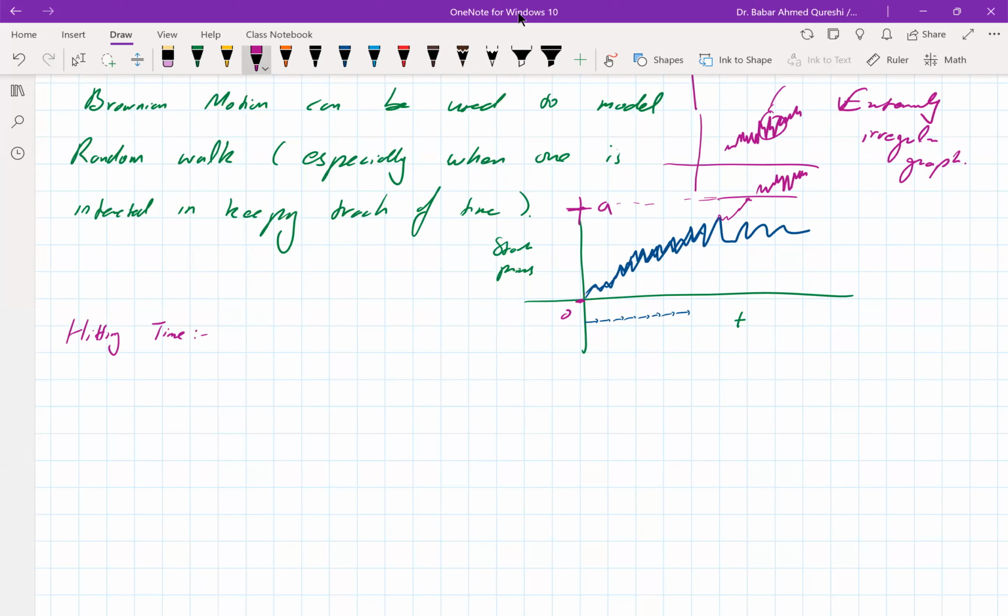So this is called the hitting time, and one can say that hitting time T_A is the time to reach value A the first time.